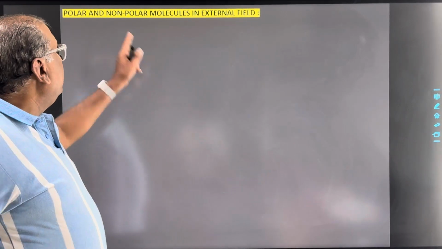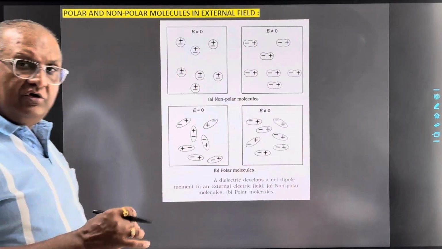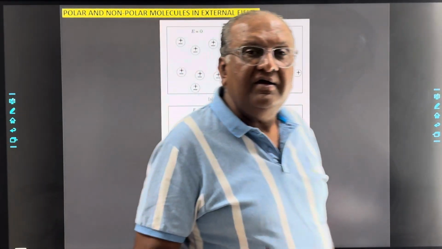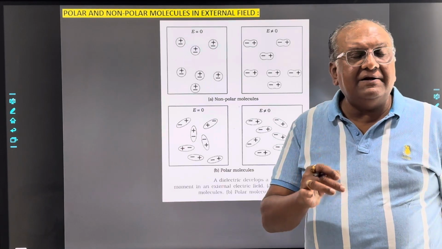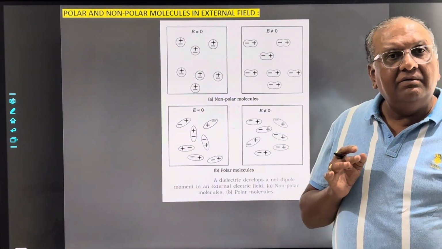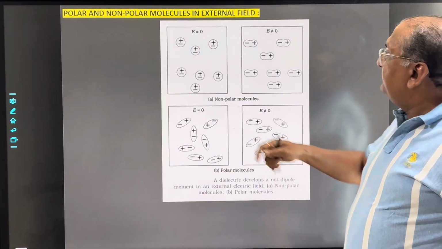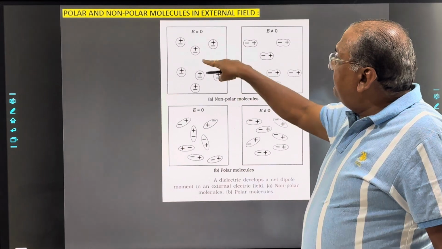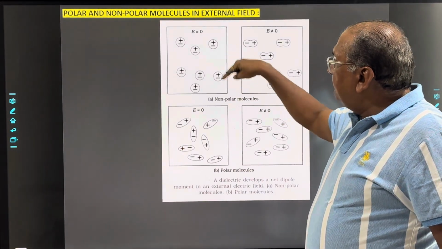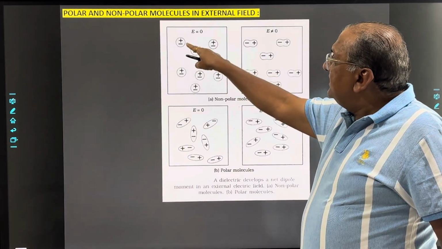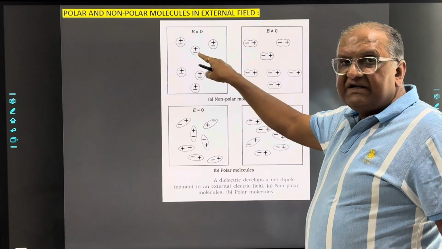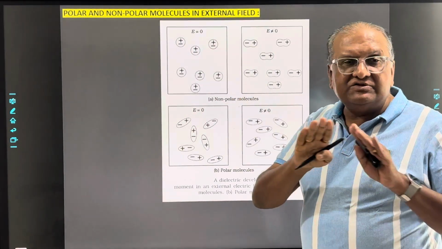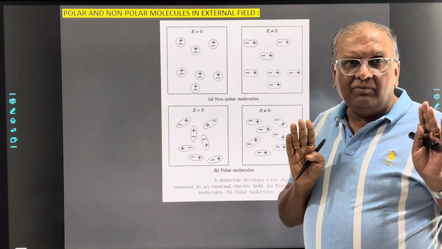But when these substances are placed in the external field, then both the substances will get some net permanent dipole moment. How? See, if external field is 0, then for non-polar molecules, the center of positive and negative charge is superposed and it does not possess dipole moment.